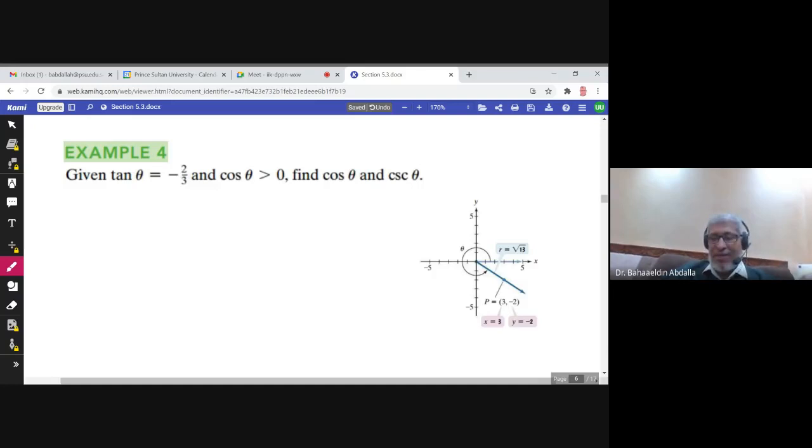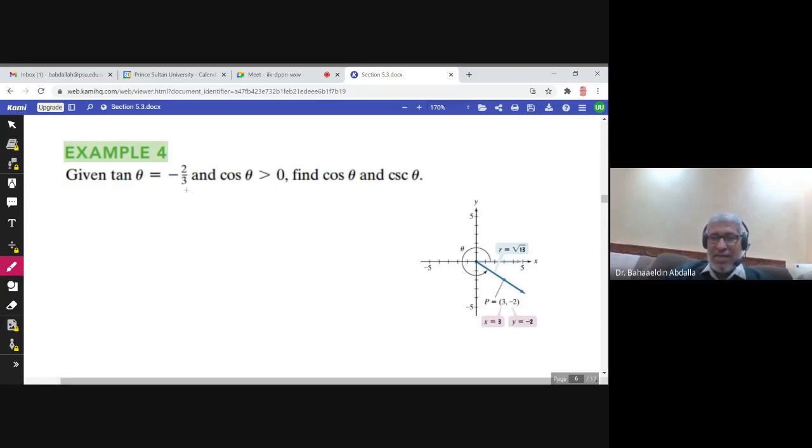Another type of examples. Given tan theta is negative 2 over 3. So tan theta is negative and cosine theta is positive. Find cosine theta and cosecant theta. All right. First thing, I need to determine theta, in which quadrant.